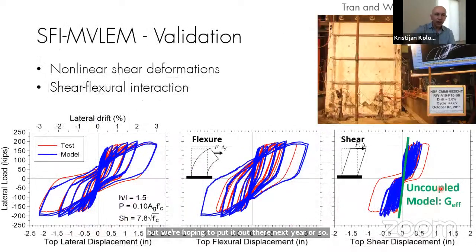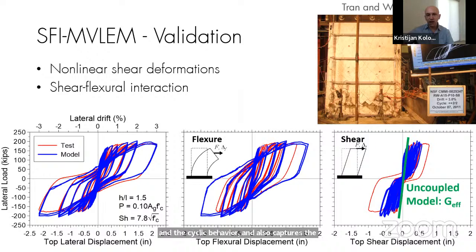So here, going back to the shear flexure interaction MVLEM model, here we see the validation of this model against that same specimen that we looked at earlier, where MVLEM couldn't really predict results very well. Here you can see that this model captures the response pretty well in terms of the capacity and the cyclic behavior, and also captures the nonlinear shear as well as the flexural deformations.